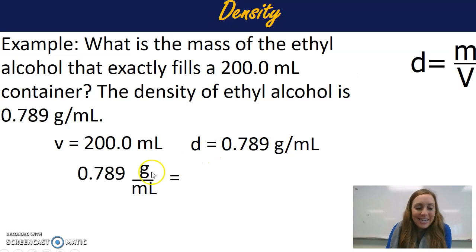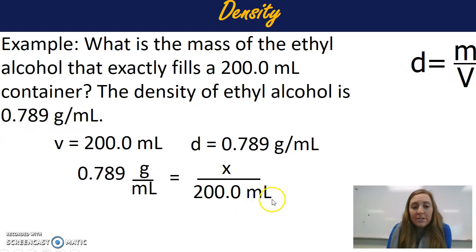So I know my density is 0.789 grams per milliliter equals mass. I don't know my mass, so that's my X on top. My volume, I do know, 200.0 milliliters. So here is my equation, which looks a little complicated until you remember that this is technically a fraction. I can say that this is over 1.